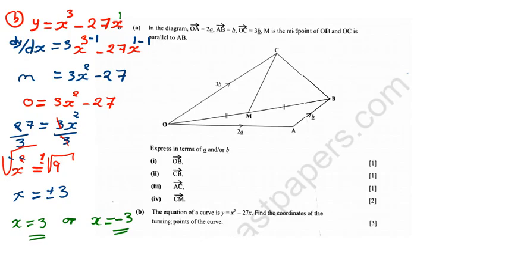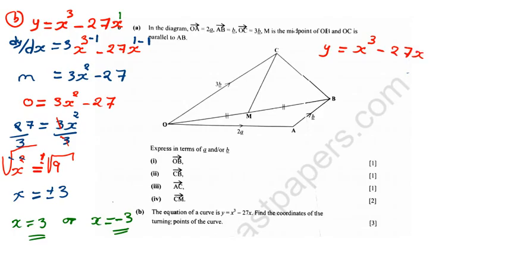But they want us to find the coordinates. When I find the coordinate, they come in pairs, x comma y. So I just have that one for x. So now let's find y. For y, we use the original equation, which is y is equal to x to the power 3 minus 27x.